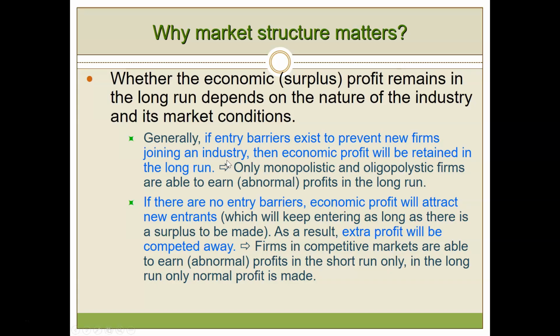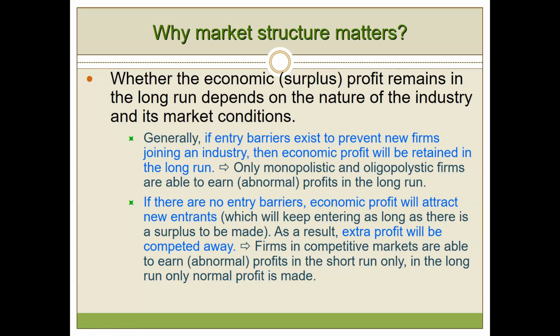Even if the current profitability in the market is very high, it will be difficult for new entrants to enter the market and compete this profit away, which means that companies operating in this market will be able to keep their economic profit in the long run. So if they're highly profitable, other companies would like a share of this profit. For example, Apple is a highly profitable company which earns billions of pounds. But even if you want to take a share of this, you won't be able to set up the business in this industry, which allows the company to keep their supernormal profit in the long run.